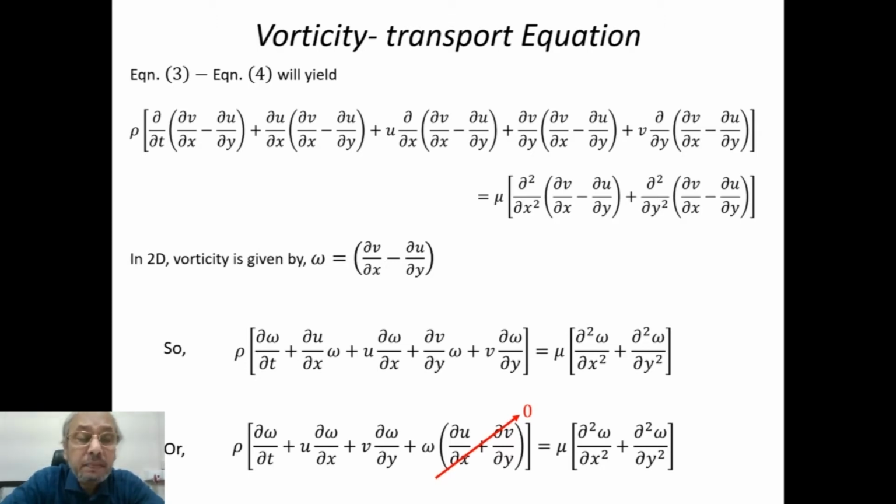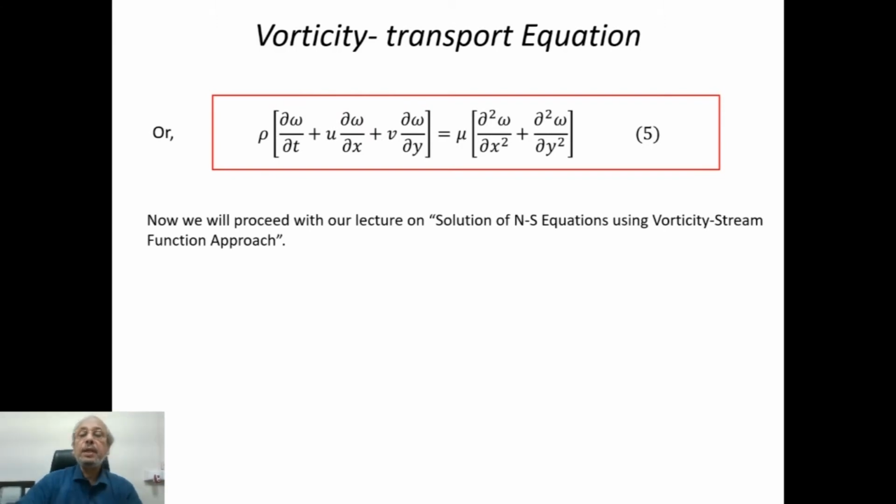So this term del v del x minus del u del y we substitute by omega and finally we get rho within bracket del omega del t plus u del omega del x plus v del omega del y equal to mu into del 2 omega del x2 plus del 2 omega del y2. This is called vorticity transport equation. Equation 5.